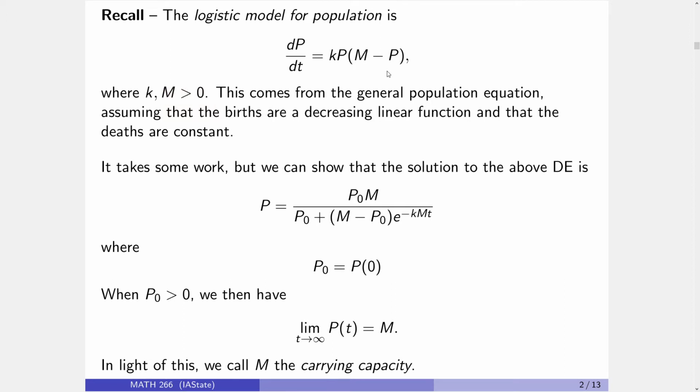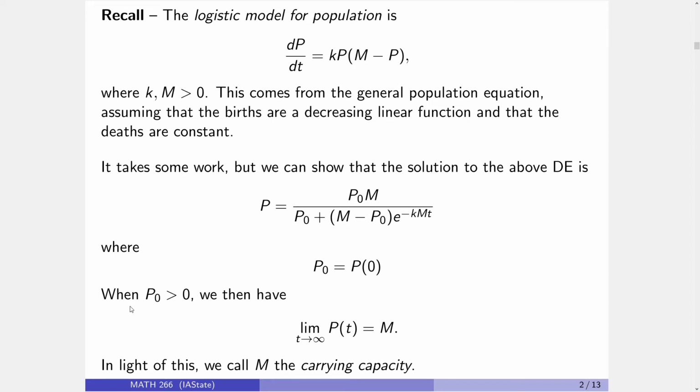This does a really good job for modeling populations where you expect things to behave stably in the long run and level out to some value. The usual Malthusian model doesn't do great in the long term because it would blow off to infinity, which in the short term maybe describes what's going on, but in the long term is going to falter horribly.